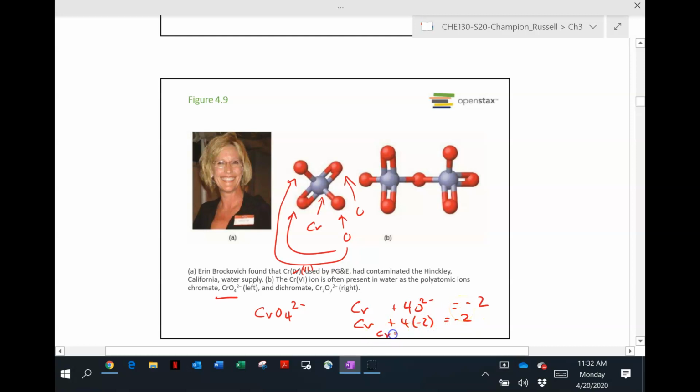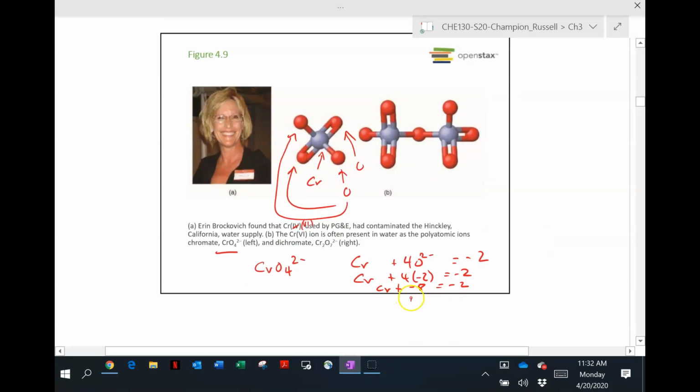That's chromium plus -8 is equal to -2. So to get rid of that, I'm going to add 8 to both sides. And that leaves me with just chromium, and over here I have +6. So that's an example of how you calculate the oxidation state of a metal in a polyatomic ion like this.